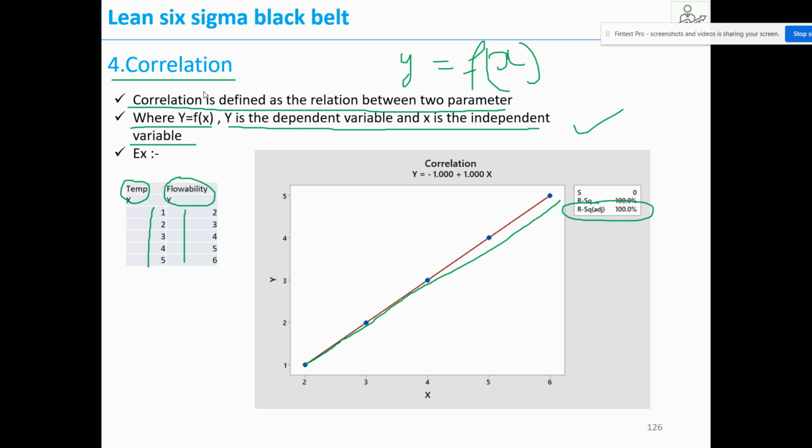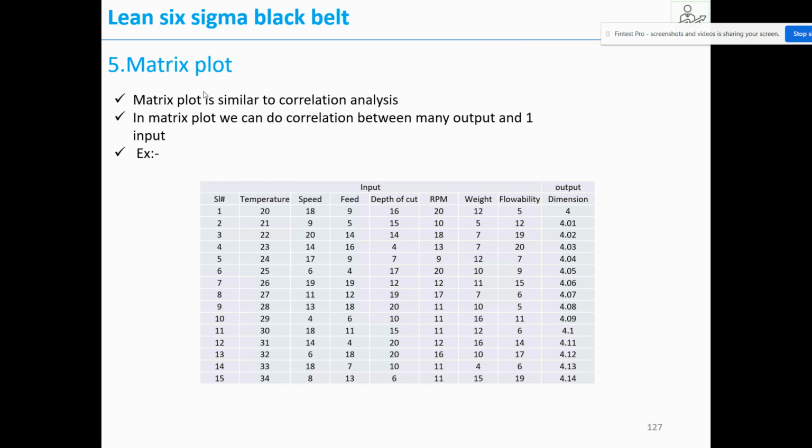Next we are going to see matrix plot. So what is matrix plot? Matrix plot is similar to correlation analysis. In matrix plot, we can do correlation between many outputs and one input.